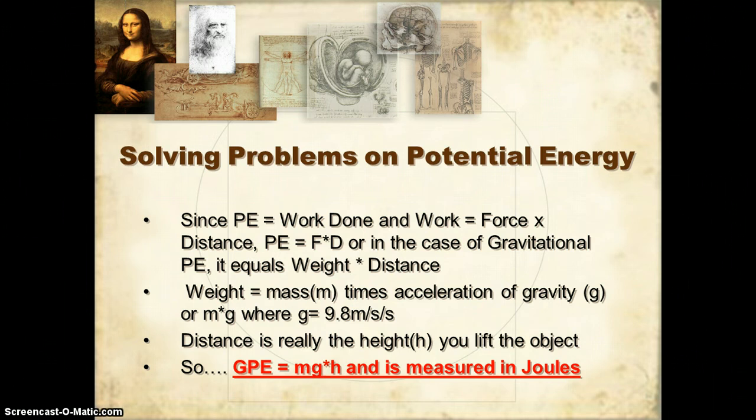Remember that weight is equal to mass, m, times acceleration of gravity, g, or simply m times g, where g equals 9.8 meters per second per second. Distance would really be the height since you are lifting the object. So from all of this, we would get that GPE, the gravitational potential energy, equals mg times h, and it would be measured in joules.